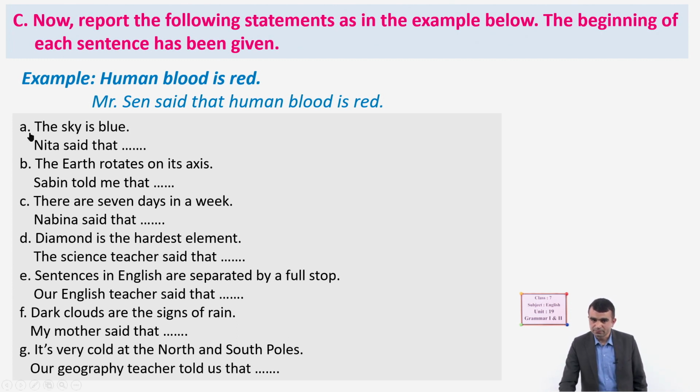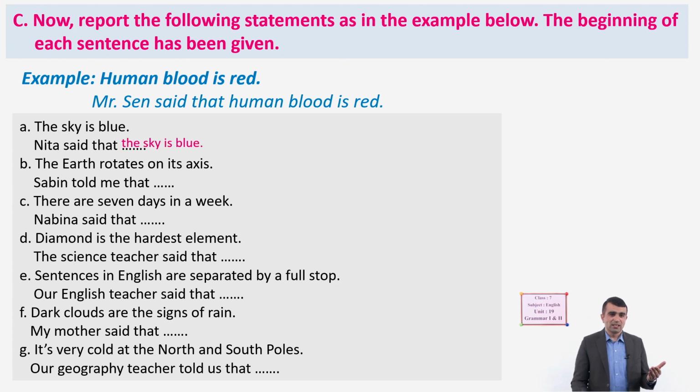statement A, Nita said that. How do you report? All are facts and truth, please. You don't need to change statement. This is easy, isn't it? Good, good. You can do. This is Nita said that the sky is blue. Easy. Good. Now number B, statement B, the earth rotates on its axis.